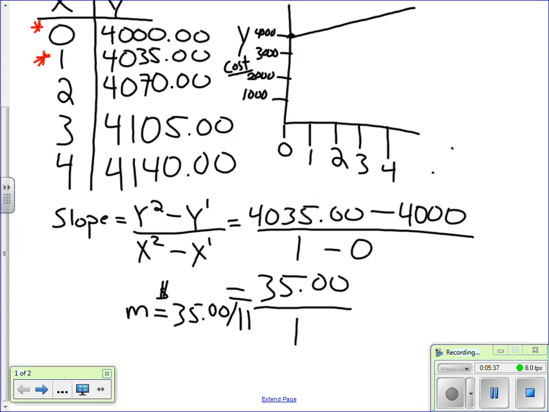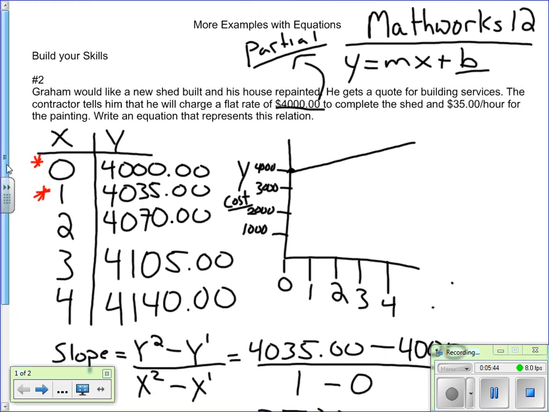Now, let's go back up to the question, because there's something here that I want to show you. This $35 an hour in the question is my rate. And remember that my rate is really just the slope of my line, if it was a linear relation and I graphed it.